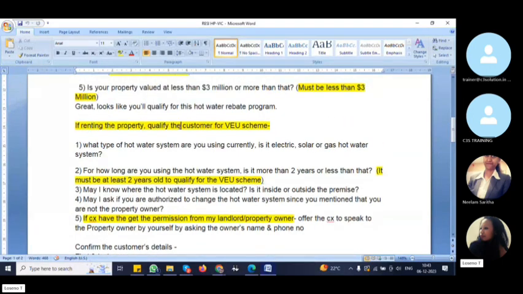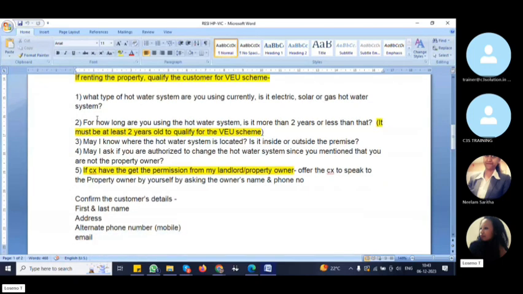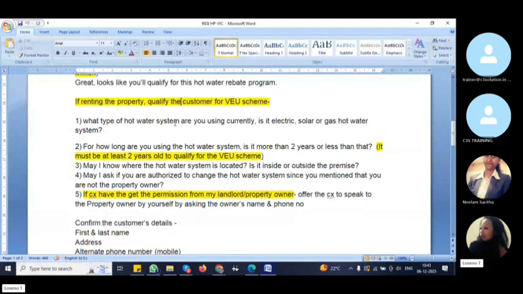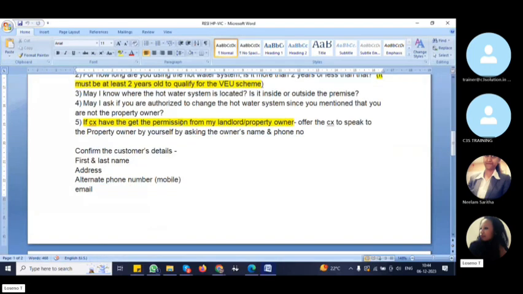If renting the property, what type of hot water system they're using, the location of the existing hot water system, for how long they're using the hot water system. These 3 questions are common, be it if you're qualifying the customer for VEU scheme or solar VEET rebate.